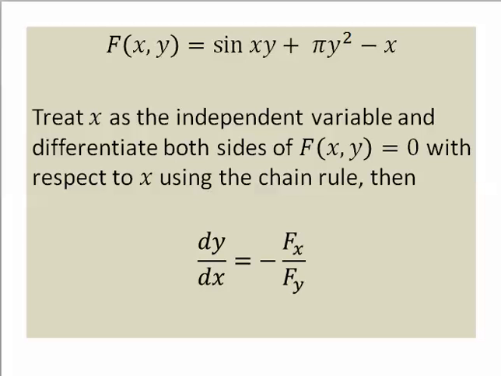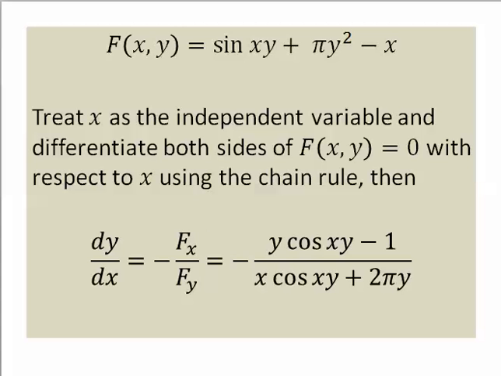We can treat x as the independent variable and differentiate both sides of f equals 0 with respect to x using the chain rule. If we do that, we get a nice formula for dy dx. It's equal to the negative of f partial x divided by f partial y. And we can use partials to find dy dx.